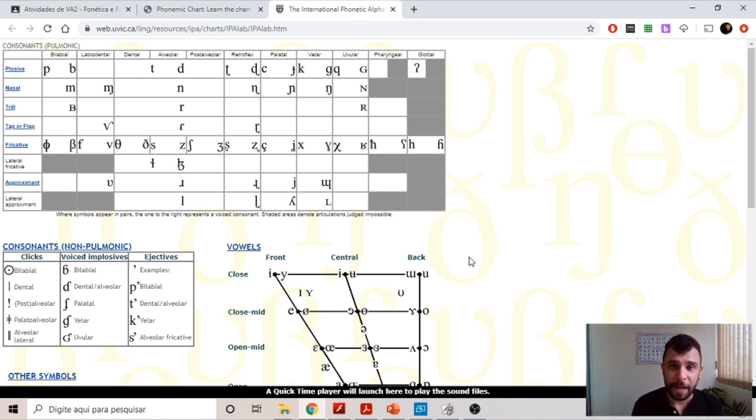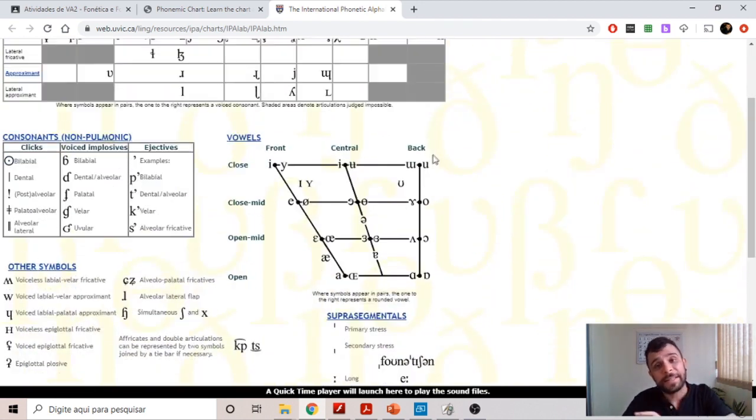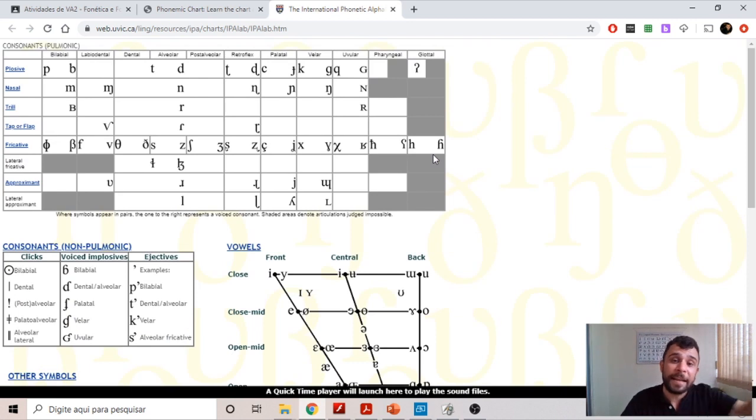Now, the number of sounds that each language will use in its inventory, in its system, varies a lot. So there are some sounds here that exist in Portuguese but do not exist in English. There are some sounds that exist in English but do not exist in Portuguese or French. So this is why whenever you want to study a specific language, you need phonology, because you need to understand which of these sounds actually belong to that language and whether they are phones, they are allophones, or they are phonemes of that language.